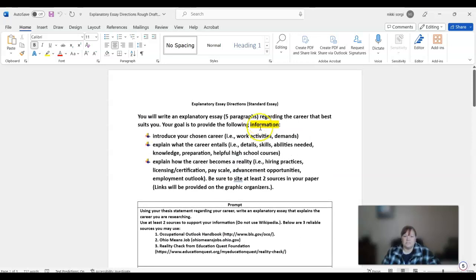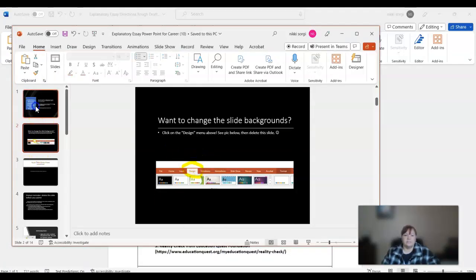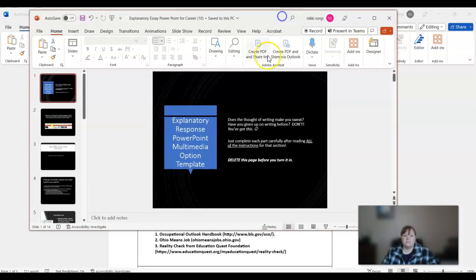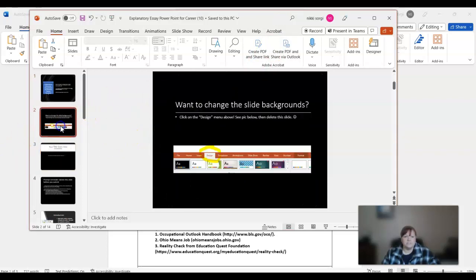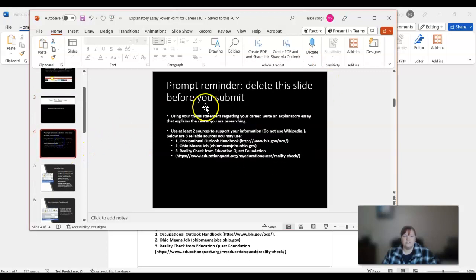Okay, so this is the standard essay, or you guys can go in and look at the PowerPoint. The PowerPoint right here gives you all this information. You'll delete some of these pages, obviously. It just kind of gives you the template. So this tells you how to change the design, and then your title. This is your title page.